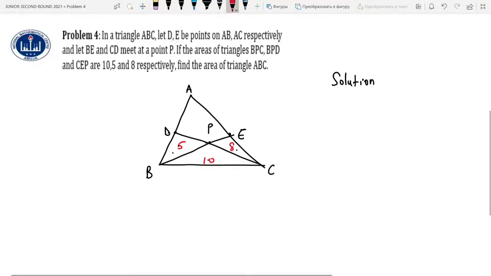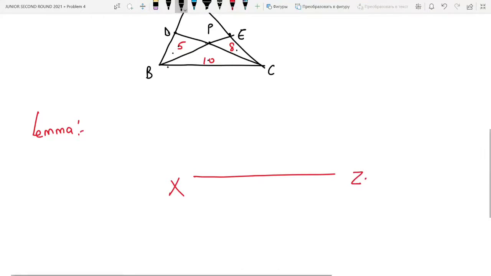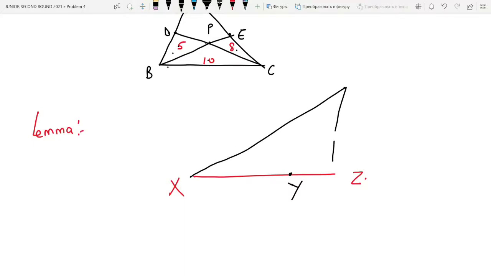So the lemma is, if you have a line, let's use different letters from what's in the question, XZ, and you have a point Y in between X and Z. If you draw any triangle that has X and Z as its vertices, let's call the other vertex Q. This is not necessarily a right angle triangle, so let me change it and make it look arbitrary.